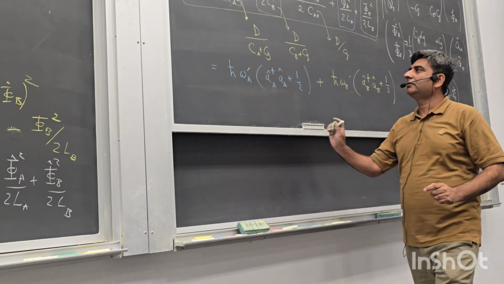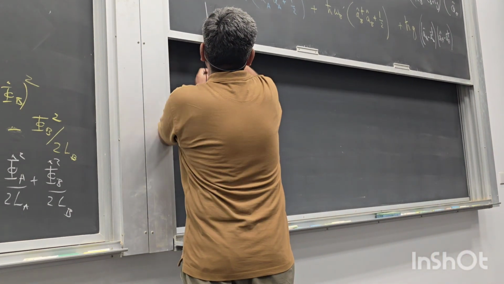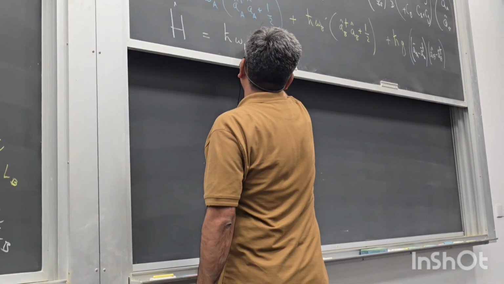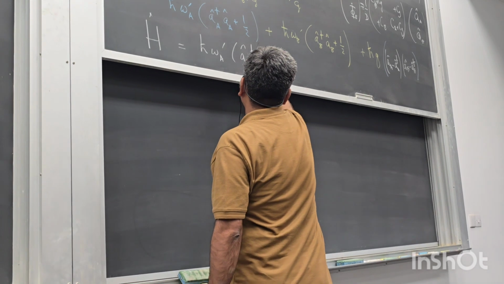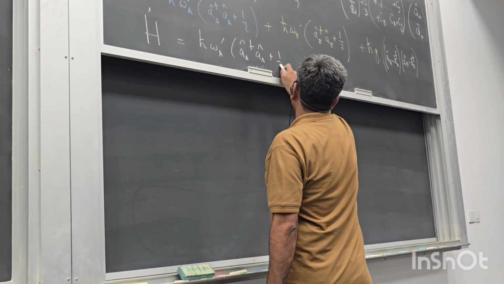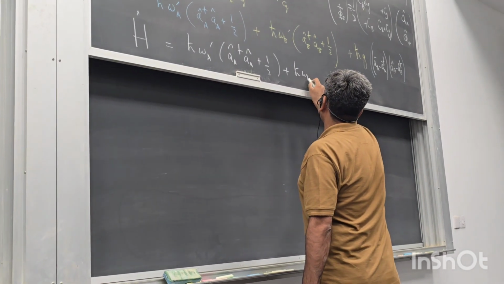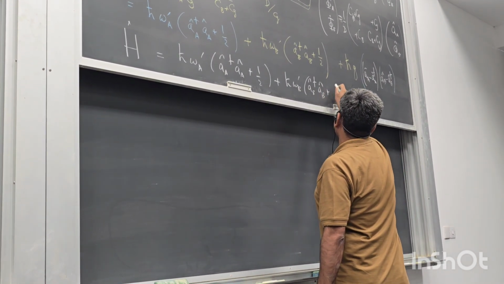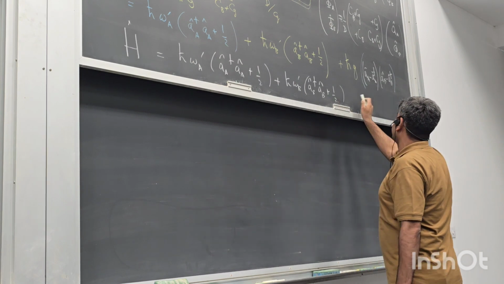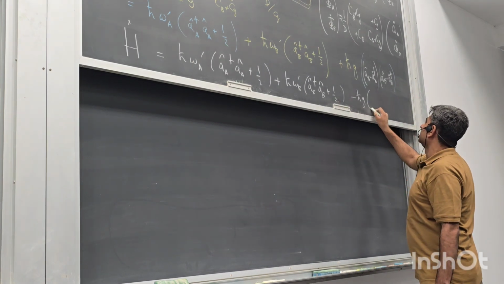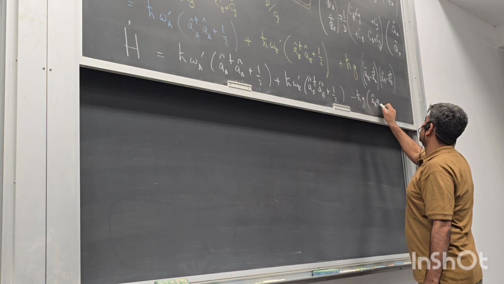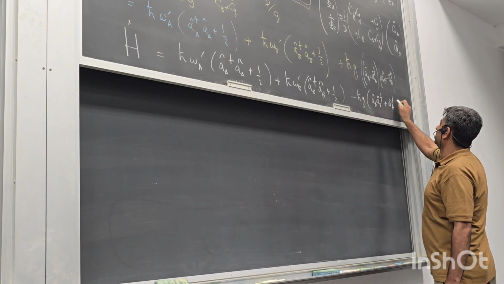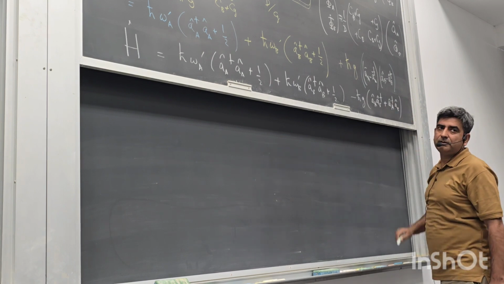So my overall Hamiltonian for this coupled system will be h bar omega A prime, a dagger a plus half, plus h bar omega B prime, b dagger b plus half, minus h bar G, a b dagger plus a dagger b.